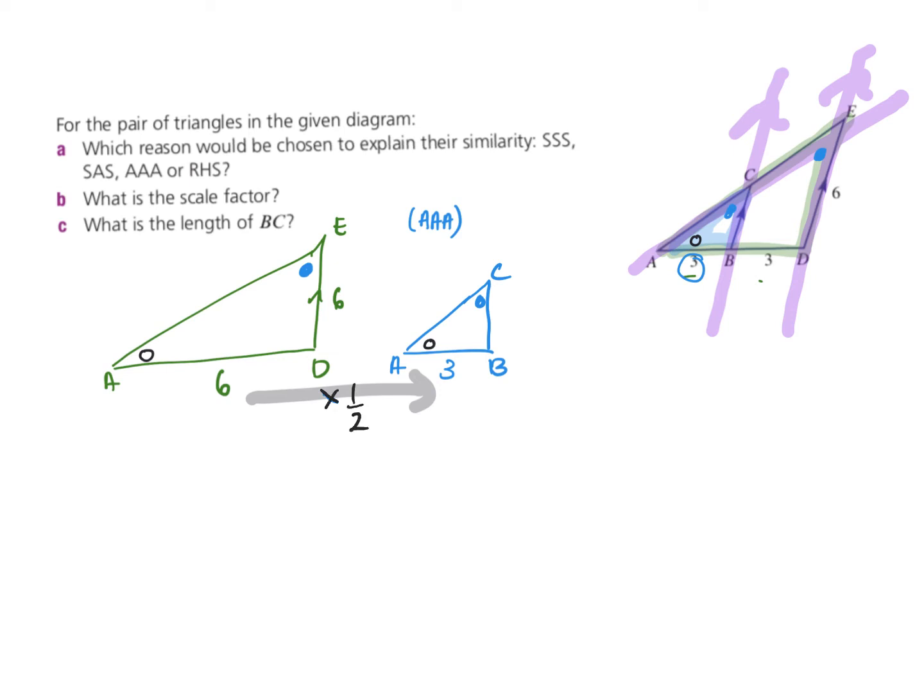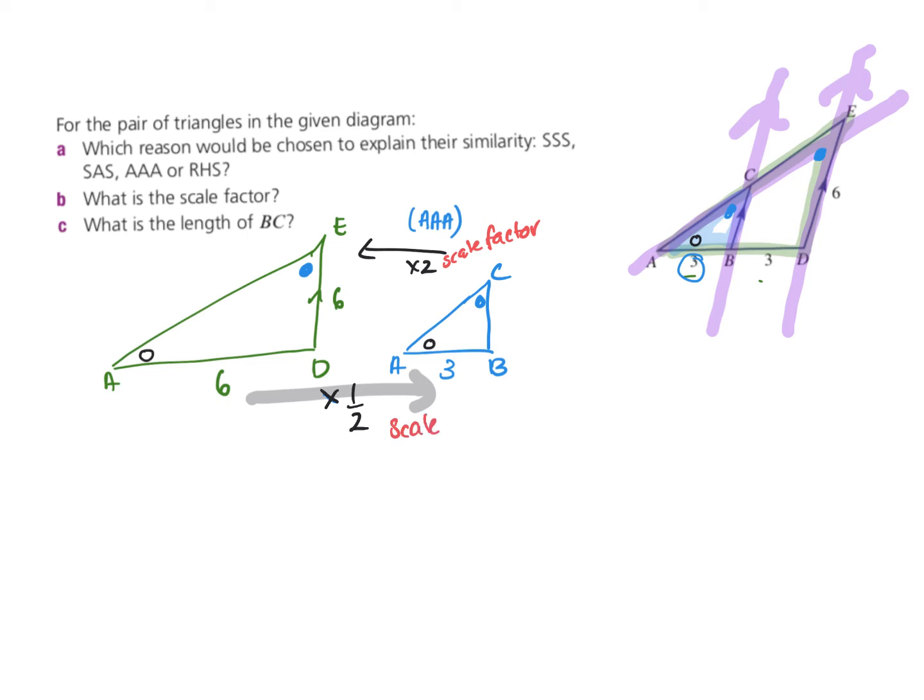It depends which way you're moving. The scale factor is a half if you went from large to small. If I was going small to big, the scale factor would be 2, so it'd be double. So we'll say half that way, and if we're going that way, we'll say 2. Maybe we'll just write that. That's our scale factor.